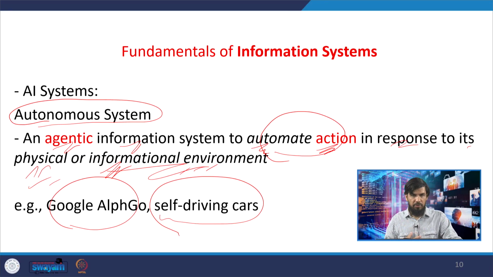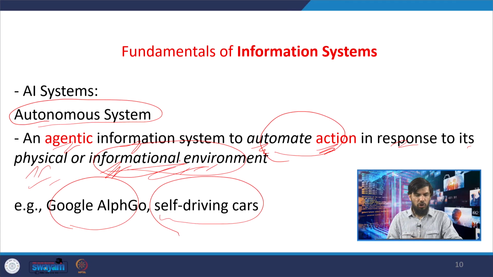If it is well trained, then it can strategize, but it is playing as a computer player, as a gaming agent, and in response to the human player's moves, it will automate its action. It will strategize and then play its move, right. So, therefore, this is an informational environment.